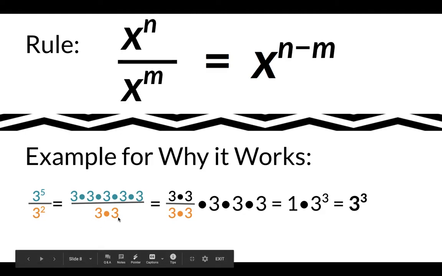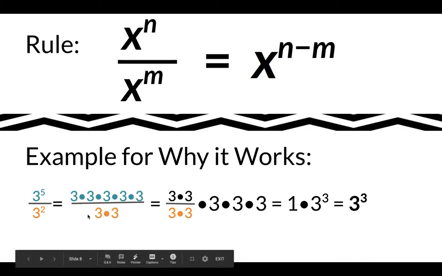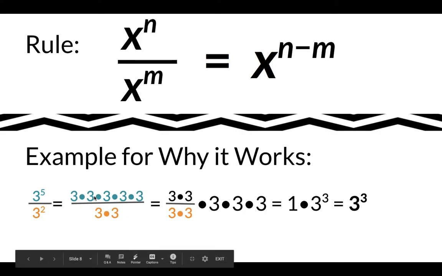3 times 3. So we pair up our numerator with our denominator matches, 3 and 3. So we have 2 groups that match together. That's what this represents. And then we still have a remainder of 1, 2, 3. Since these essentially cancel out, there's a 1 underneath. So we have 3 times 3 times 3, and then a 1.